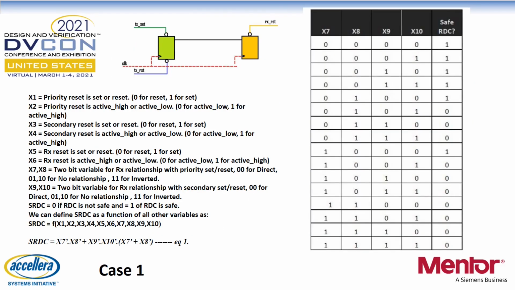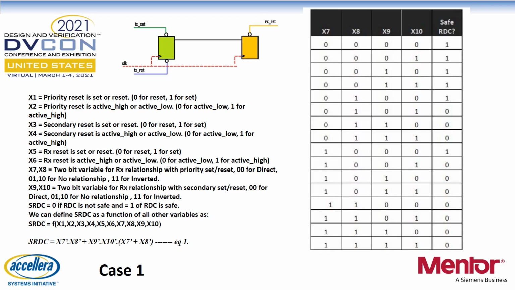Now let's consider case 1 out of the 4 cases we have analyzed in this paper. To make our task easier, we have defined a few variables, and for this case 1 we have only considered the TX flop as the set reset flop. The RX flop is considered as a normal flop. The variables we have considered are x1, x2, x3, x4 till x10, where x1 tells you if the TX priority reset is a set or reset.